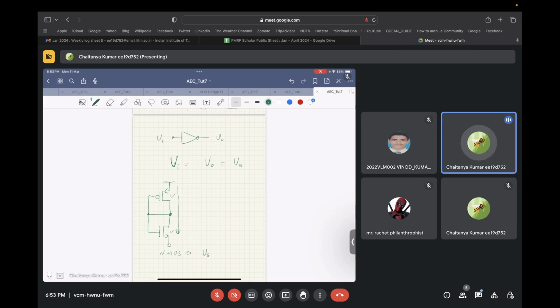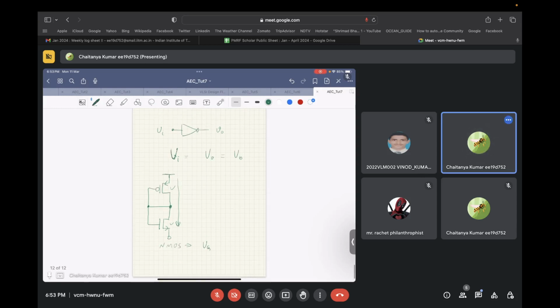So basically, your drain voltage should be at least greater than or equal to one threshold below your gate voltage. And for PMOS, what is it? Your drain voltage shall be less than or equal to modulus of one threshold below.